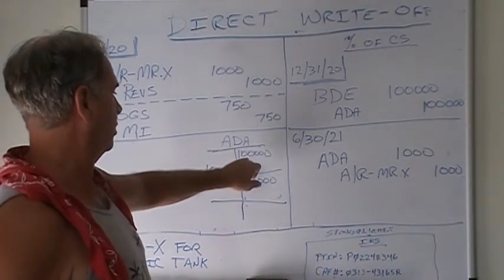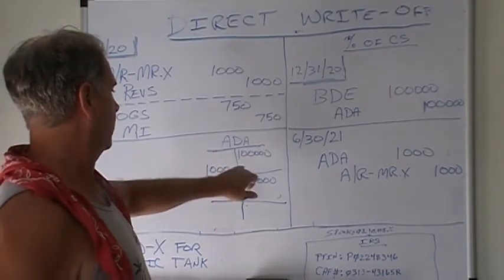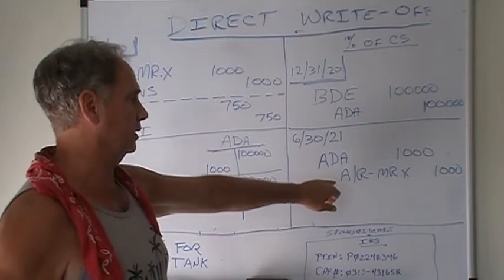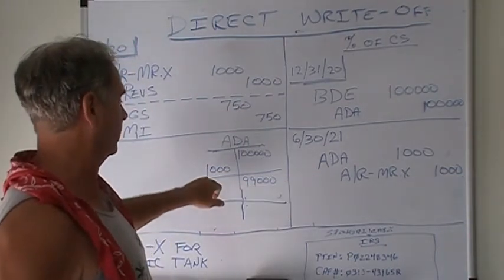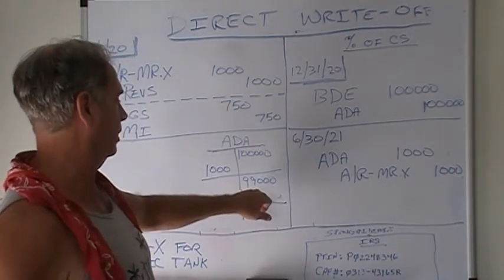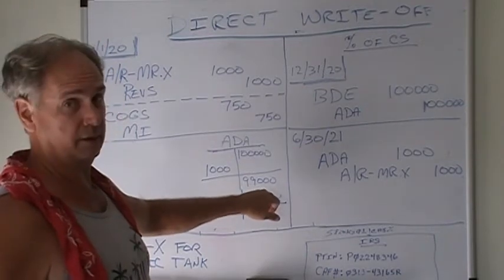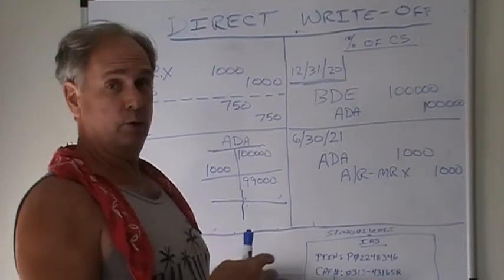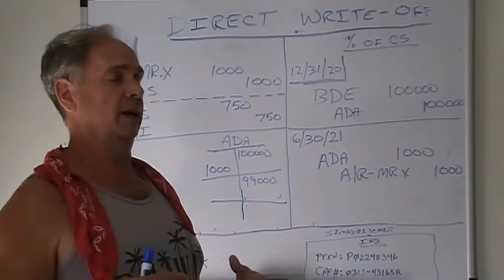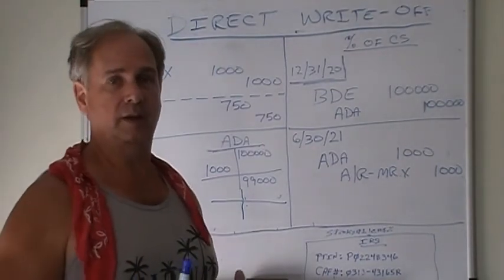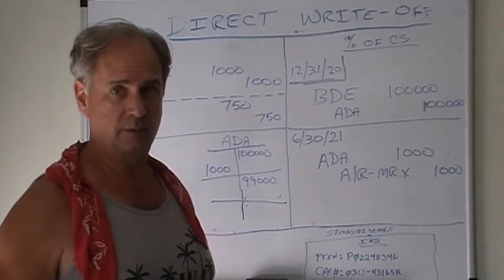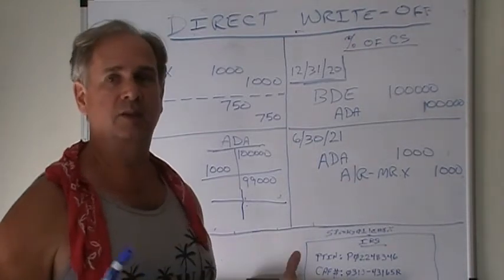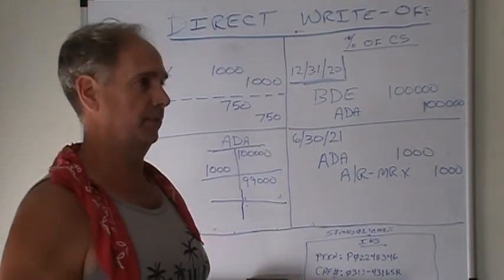I created the account with $100,000. I recognized in June of 21 that Mr. X is a deadbeat, so I debited the account for $1,000. That gives me a balance in the ADA account of $99,000. So let's say it's now December of 2022. And again, let's say I had $1 million in the accounts receivable account, and I've estimated 10% is going to go bad.